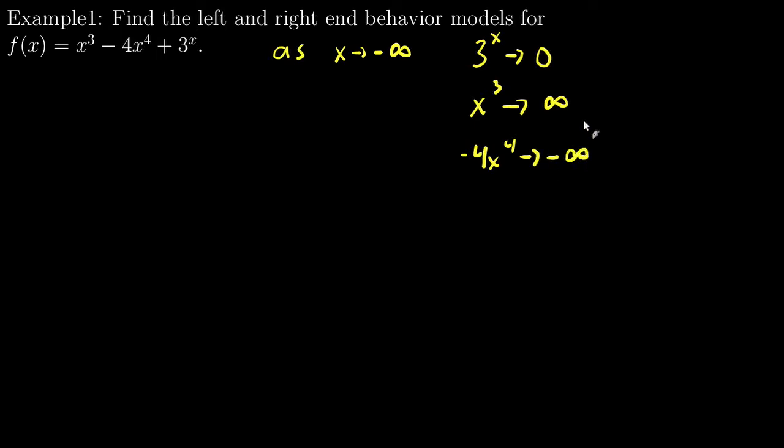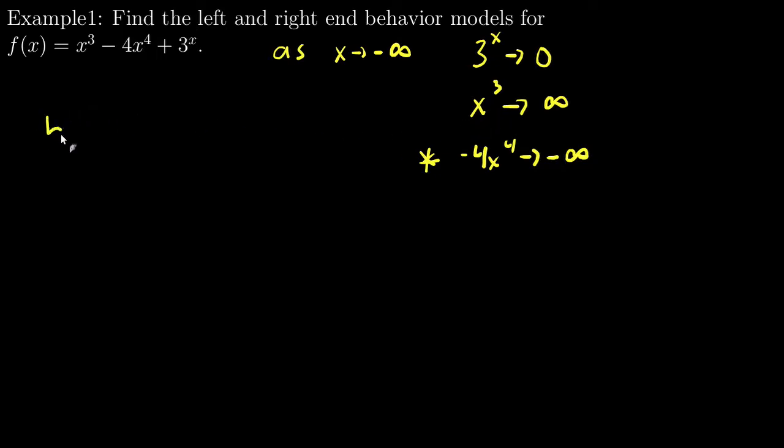And so I need to consider which one's going to take over, which one's going to make the biggest difference. Negative 4x to the fourth on the left makes the largest difference. It will grow negatively much faster than x cubed grows positively.